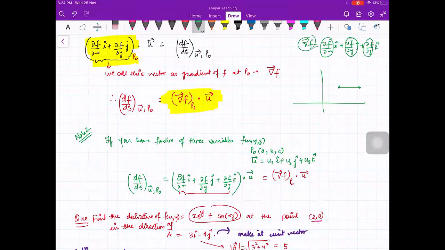For the directional derivative, you are projecting this part onto the given unit vector, u1, and this part onto u2, this part onto u3. So physically, this into this plus this into this plus this into this will give you the rate of change of f when you are moving along these directions. So they are just the projections. Gradient is actually this part.